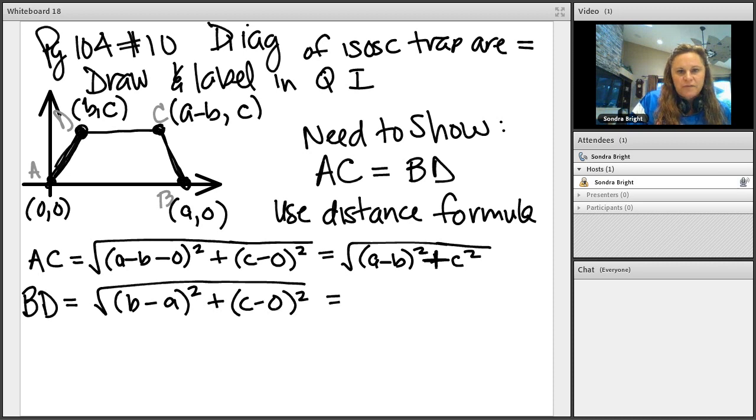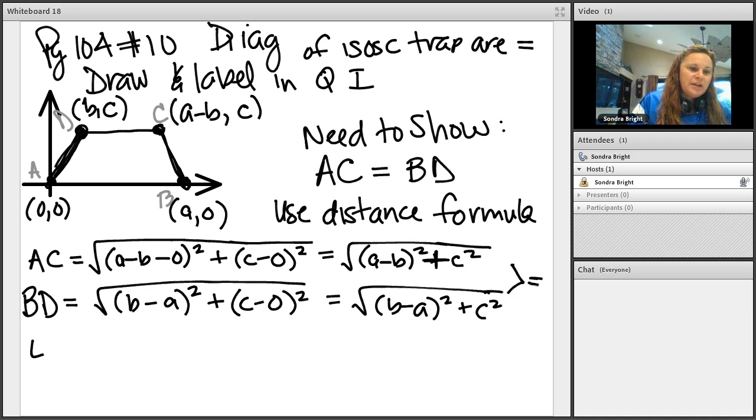And that is equivalent to b minus a quantity squared plus c squared. And just so you know, if you subtract a minus b and square it, you will get the same thing as b minus a when you square it. Those guys are equivalent. So these guys are equal.